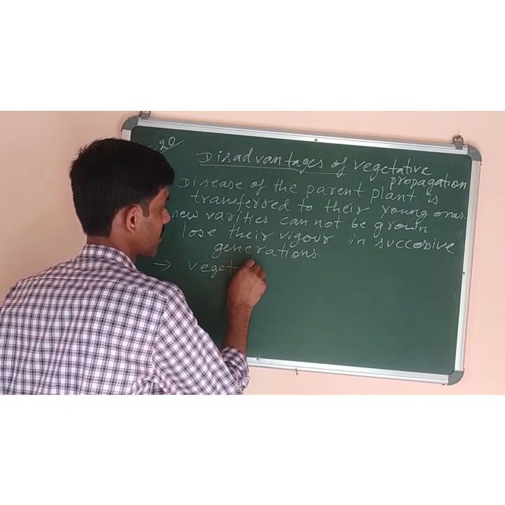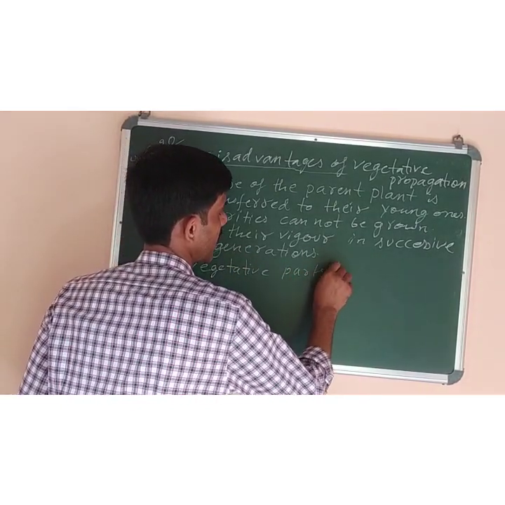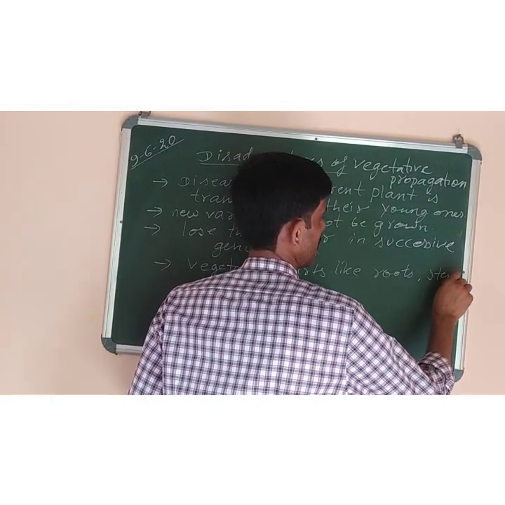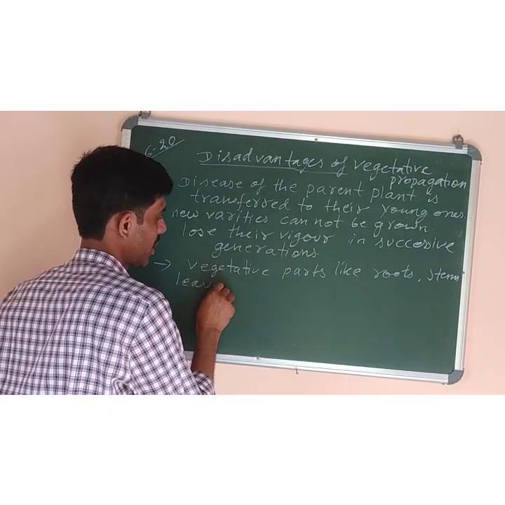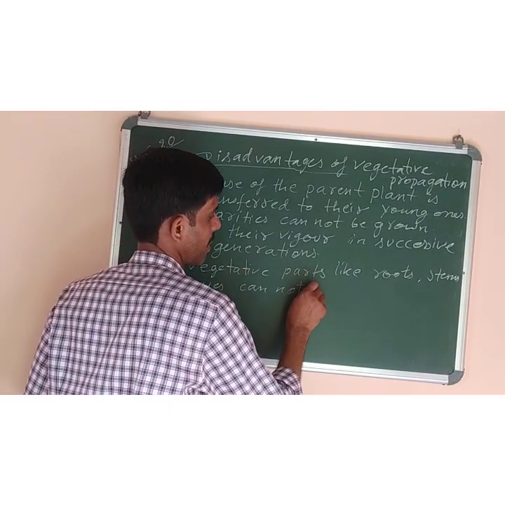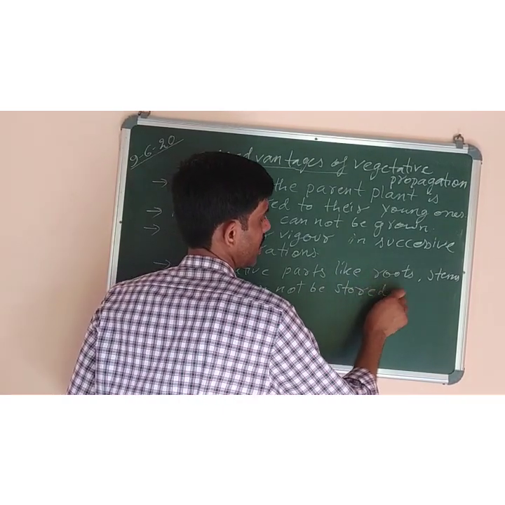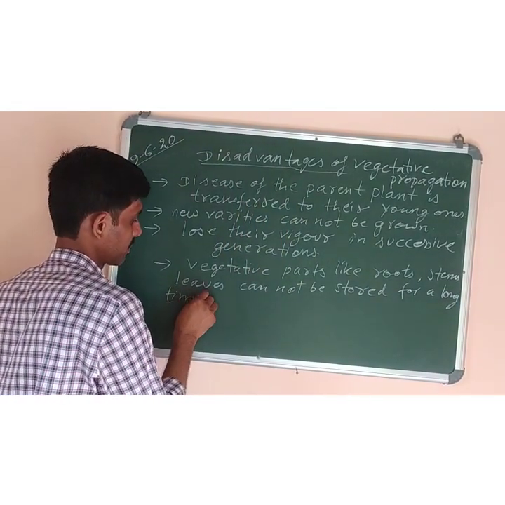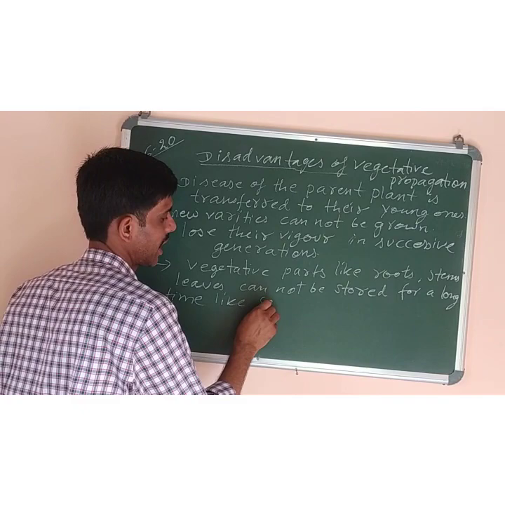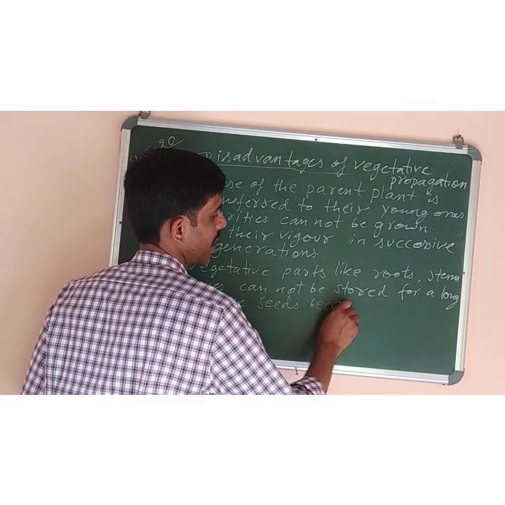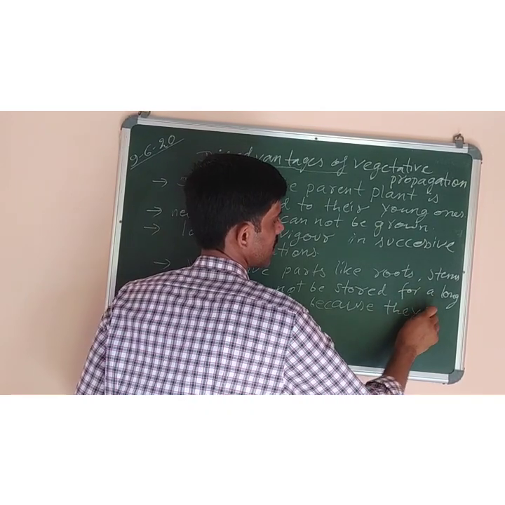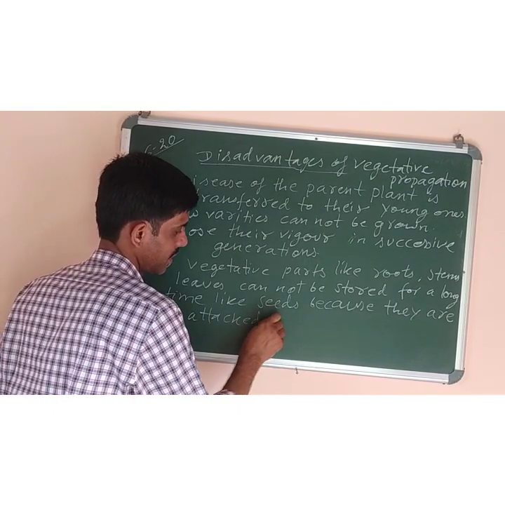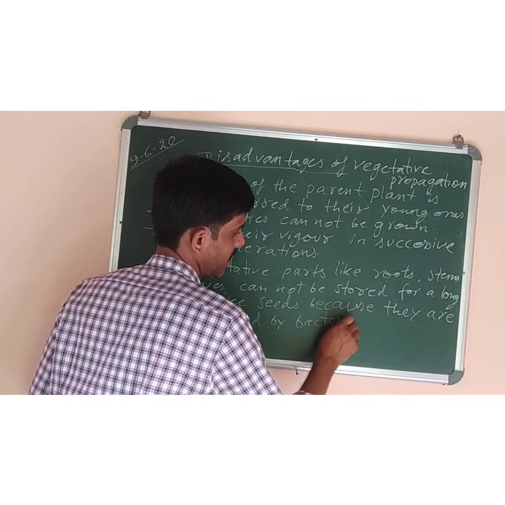Vegetative parts like roots, stems, leaves cannot be stored for a long time as compared to seeds, because they are attacked by bacteria and fungus. Because bacteria and fungus can damage them.